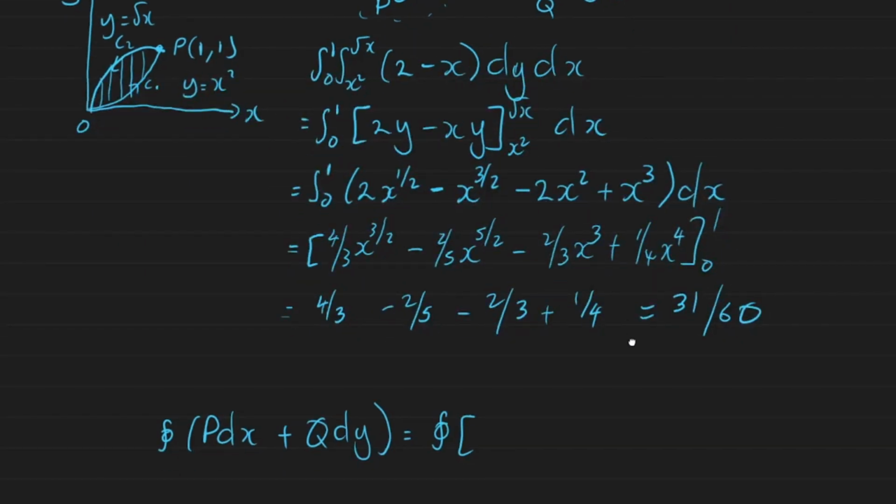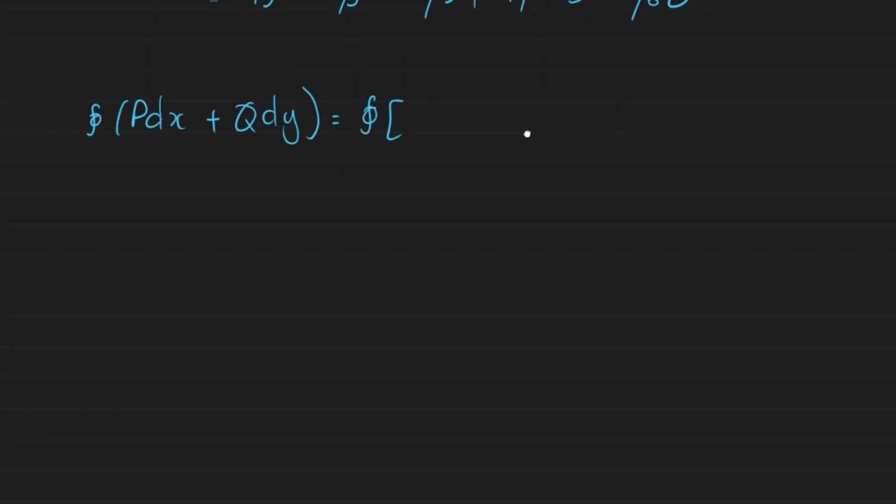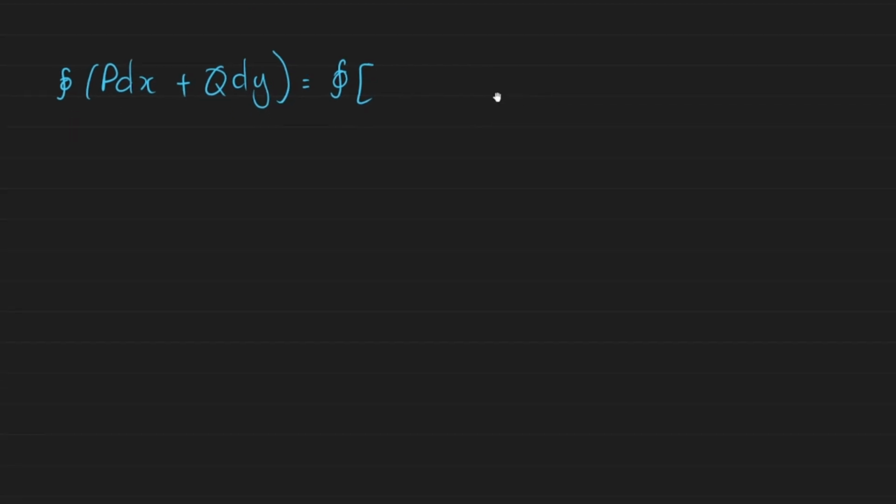So when we put these things in, what we're evaluating is xy dx, that's what p was, plus 2x minus y dy, and we evaluate this line integral.